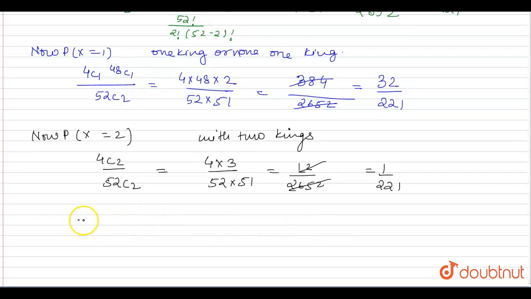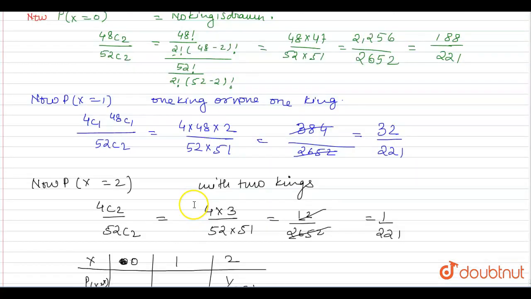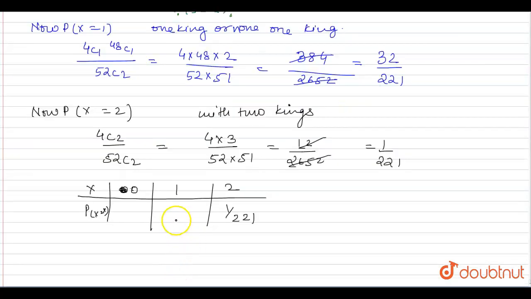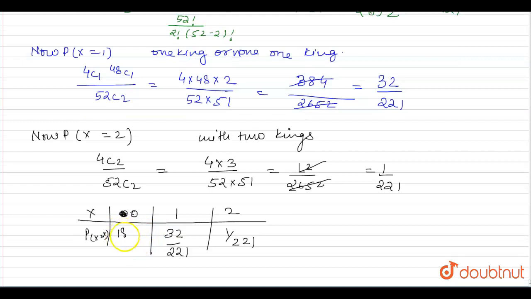Now from these values we can make the chart of X and P(X). For X equal to 0, 1 and 2.